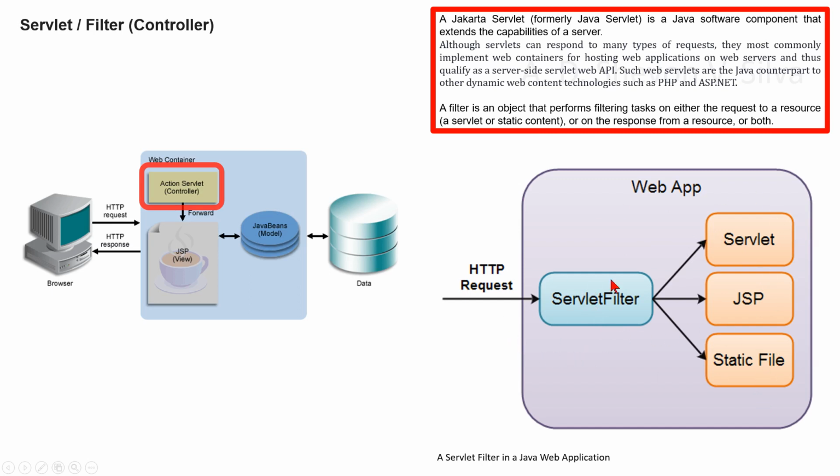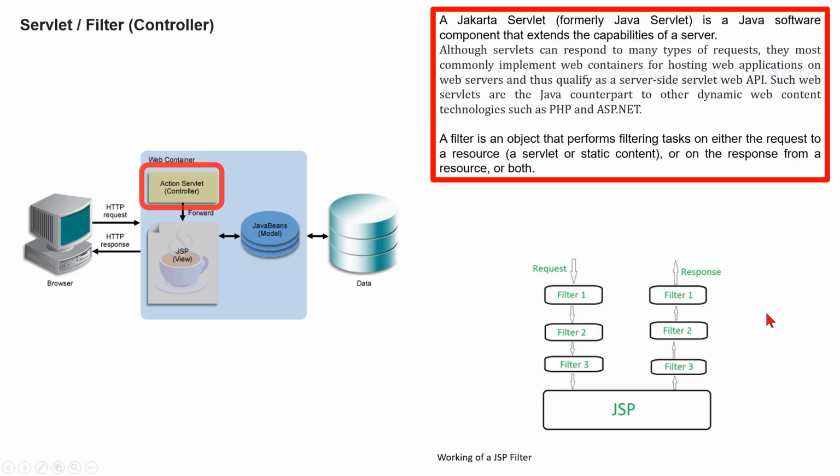So here the servlet filter and servlet, JSP and static file are inside the web app. The HTTP request is connected to the servlet filter. The servlet filter is connected to the servlet, JSP and static file. Now we are considering the working of a JSP filter.